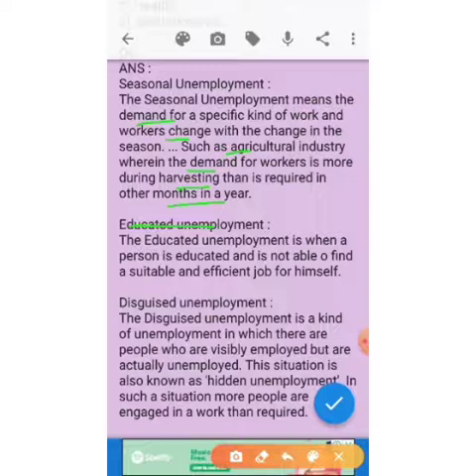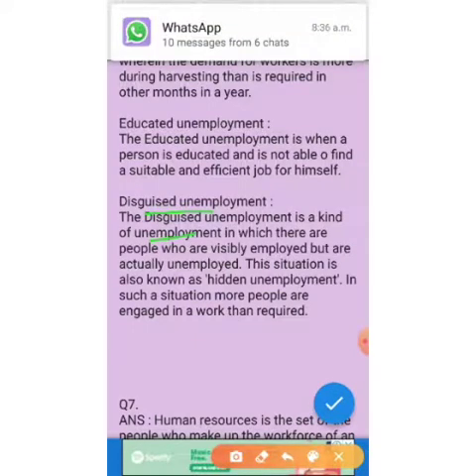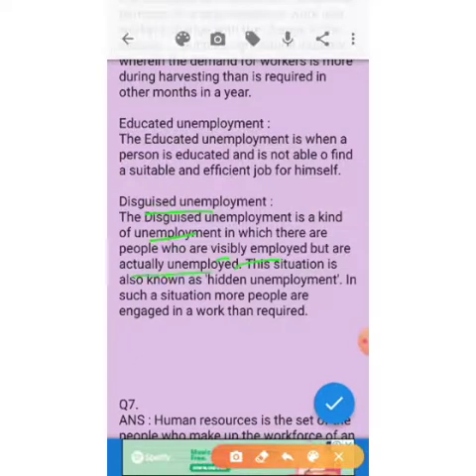Educated unemployment is when a person is educated and is not able to find a suitable and efficient job for himself or herself. Now, disguised unemployment. Disguised unemployment is a kind of unemployment in which there are people who are visibly employed but are actually unemployed. This situation is also known as hidden unemployment. In such a situation, more people are engaged in a work than required.